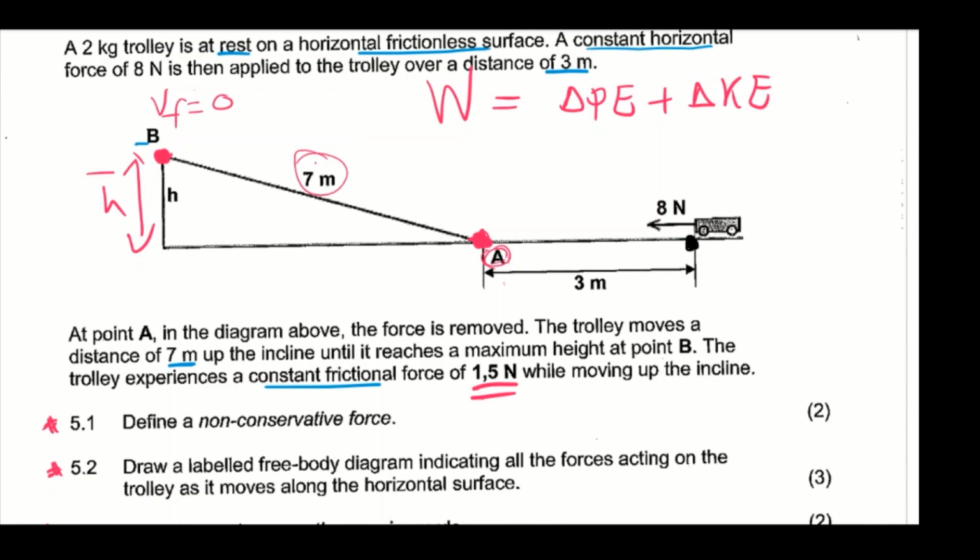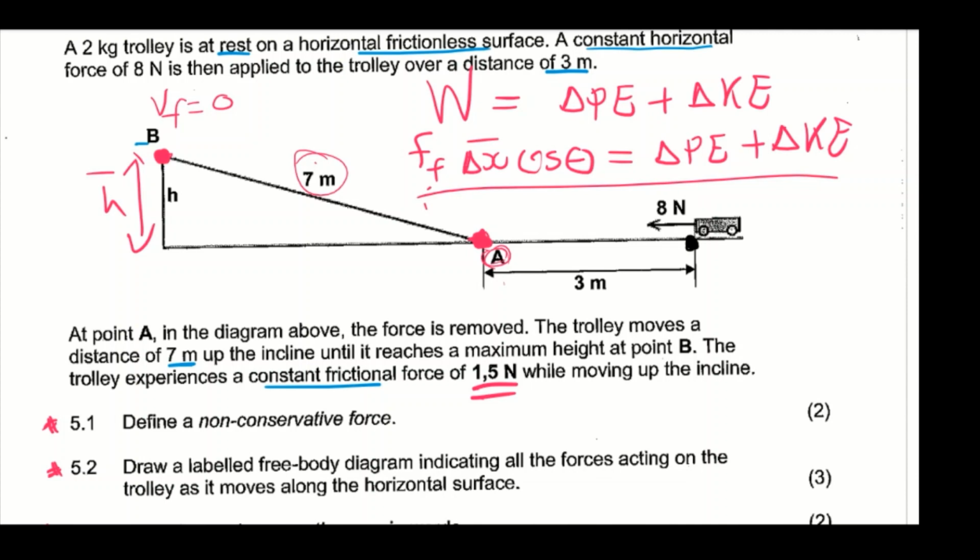So you say the force, which is the friction, multiplied by the distance acting on it, cos of theta, being equal to the change in PE plus the change in kinetic energy. This is the equation you're going to use to calculate the height at this point.